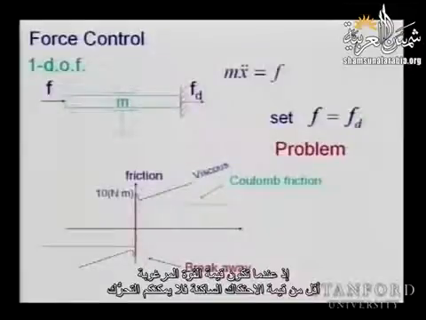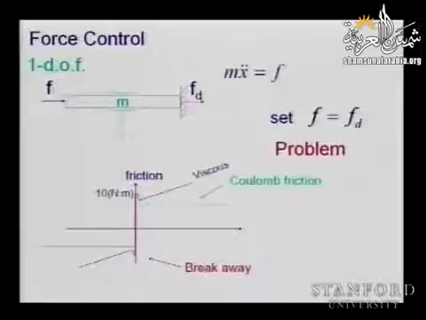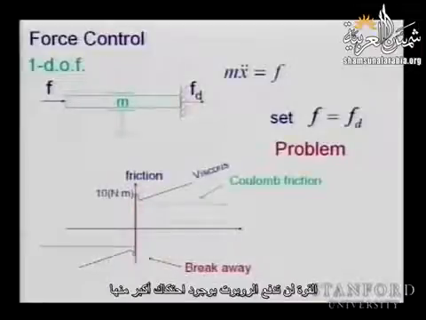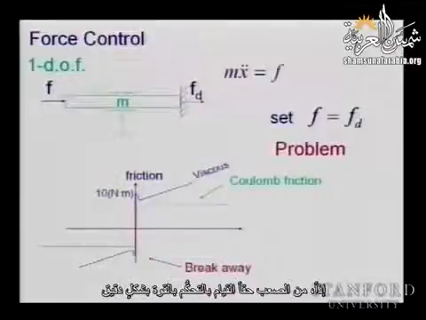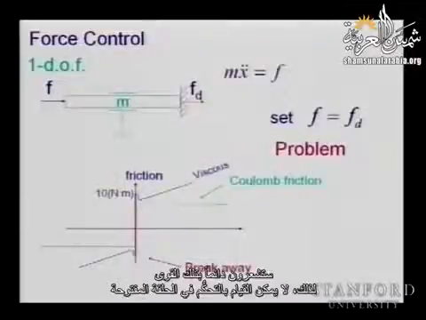As long as your force desired is within the breakaway friction, you're not going to move. Your force will not get the robot to move beyond that friction. Then you have also continuous Coulomb friction, and you have the viscous friction. So it is really difficult to do accurate force control. All the time you are feeling those forces that are coming, so you cannot do it in open loop.